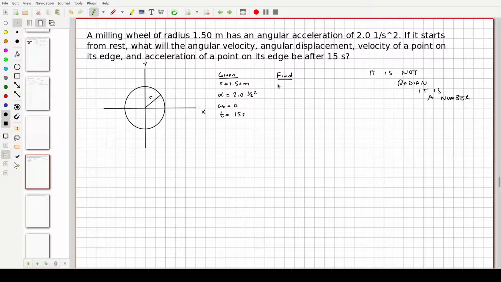I'm trying to find omega, which is my angular velocity, delta theta, which is my angular displacement, v, my tangential velocity of a point out on the edge, and a, my tangential acceleration of a point out on the edge. We have a picture, we have what we're given, we have what we're trying to find. What do you do next? You write out your kinematic equations.